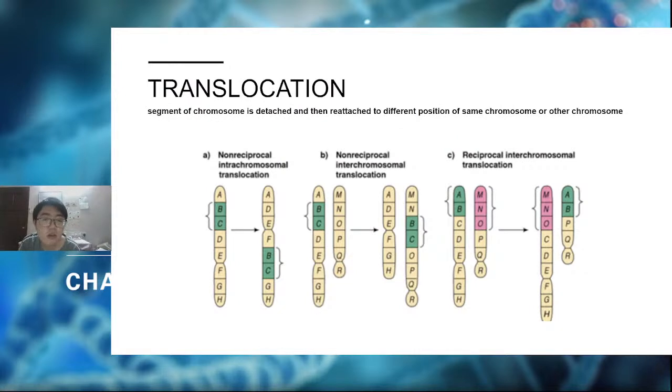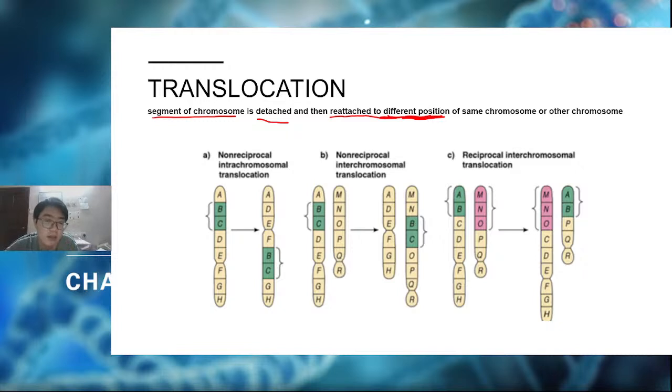Next is translocation. This one is more difficult, a bit more complex. Translocation is when a segment of the chromosome is detached and then reattached to a different position of the same chromosome or another chromosome. This is different from inversion.